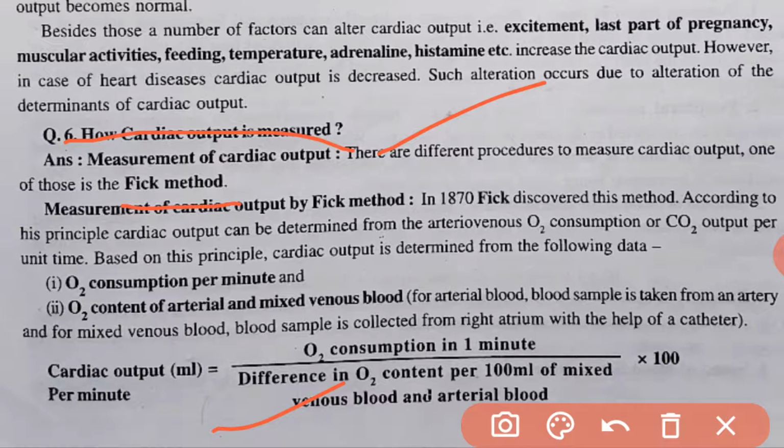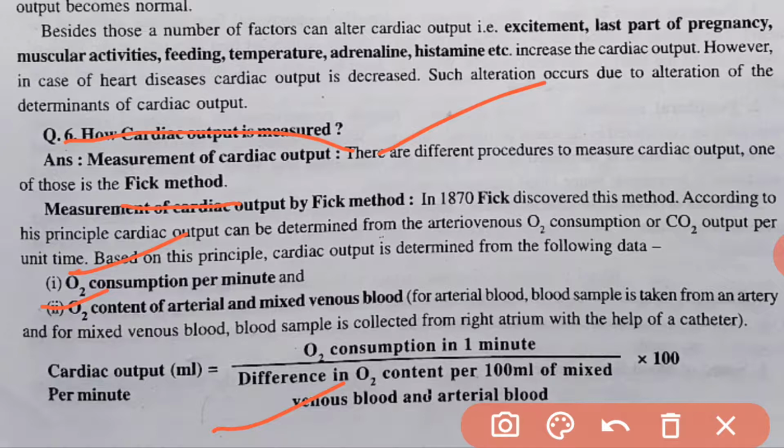Based on this principle, cardiac output is determined from the following data: oxygen consumption per minute, and oxygen content of arterial and mixed venous blood.